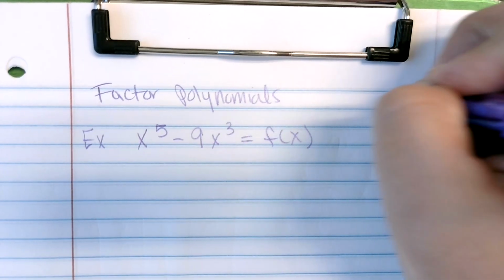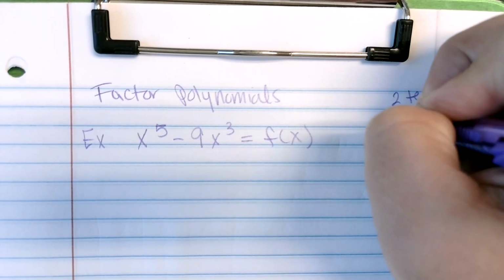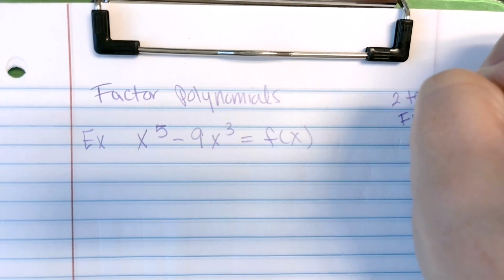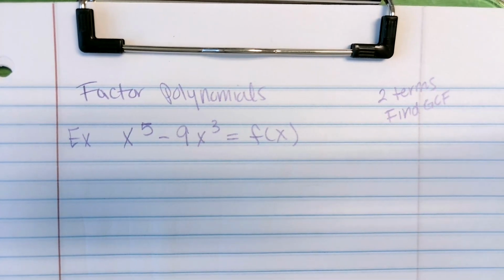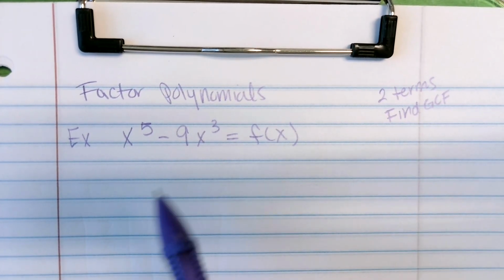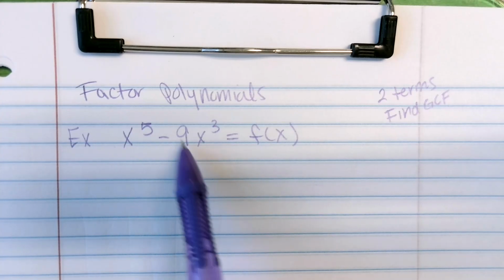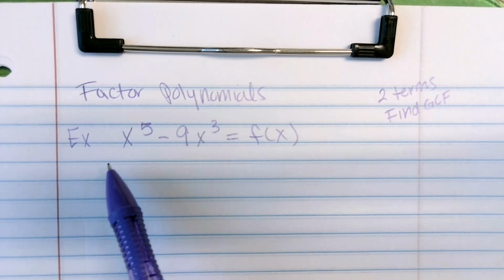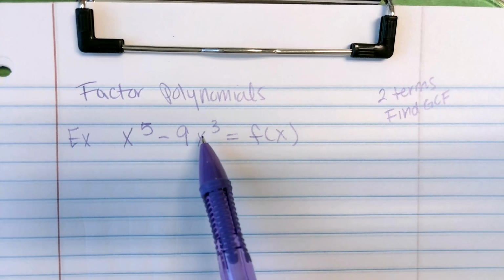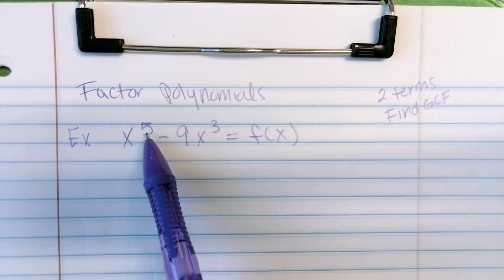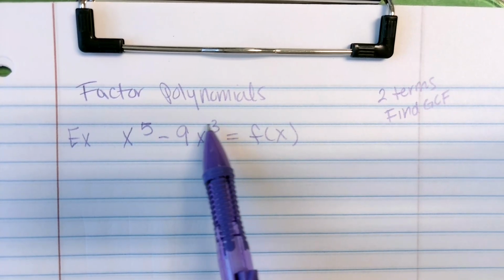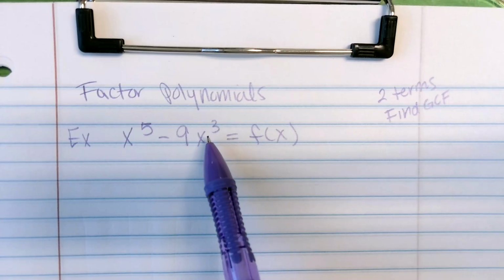If you have 2 terms, find the GCF. So find out what they have in common. You want to check to see if their numbers are divisible by each other, but we have a 1 and a 9, so we can't factor out any numbers. But they both have x's, so you always take the smallest power of x's because there's 3 in here and 3 in here, but there's not 5 in here.